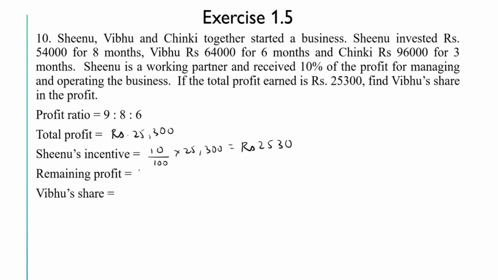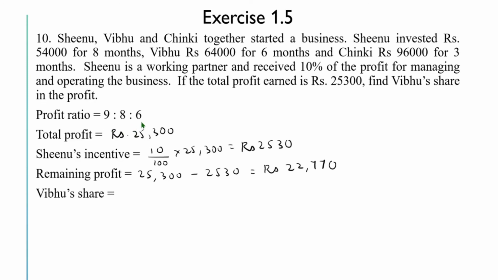So the remaining profit will be 25,300 minus 2,530, which is equal to rupees 22,770. Now Sheenu's share is to Vibhu's share is to Chinky's share is 9 is to 8 is to 6.